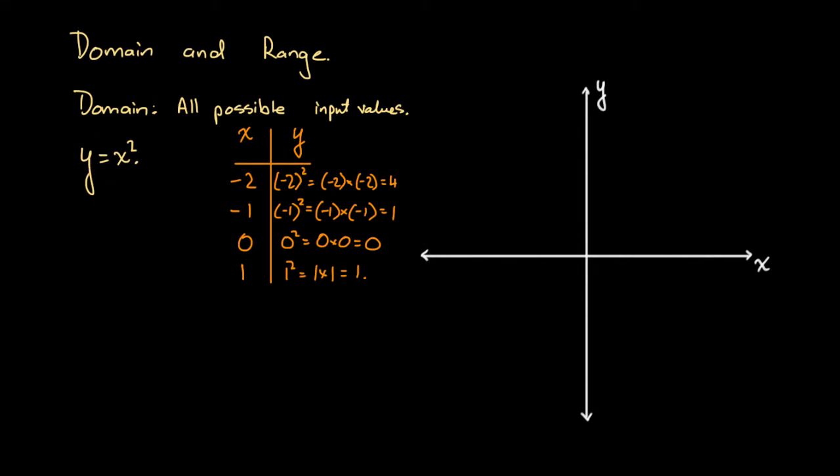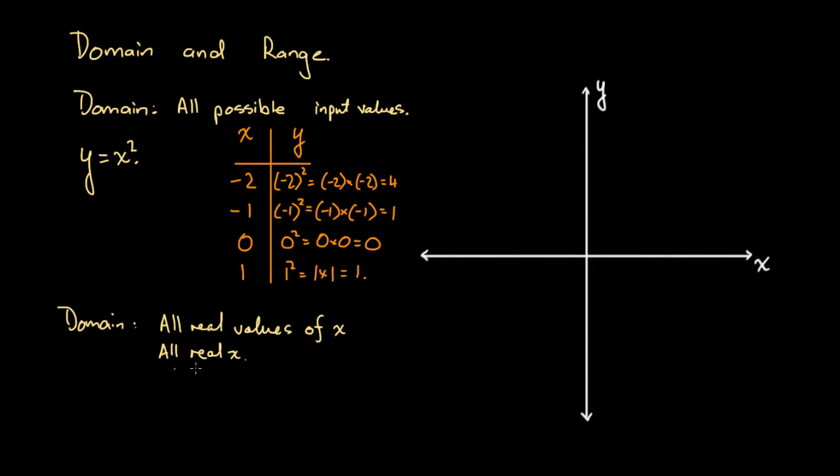The way we write this is that the domain of this function is equal to all real values of x. And you'll also see this written as all real x. They're exactly the same statements. This is just a shorthand version.